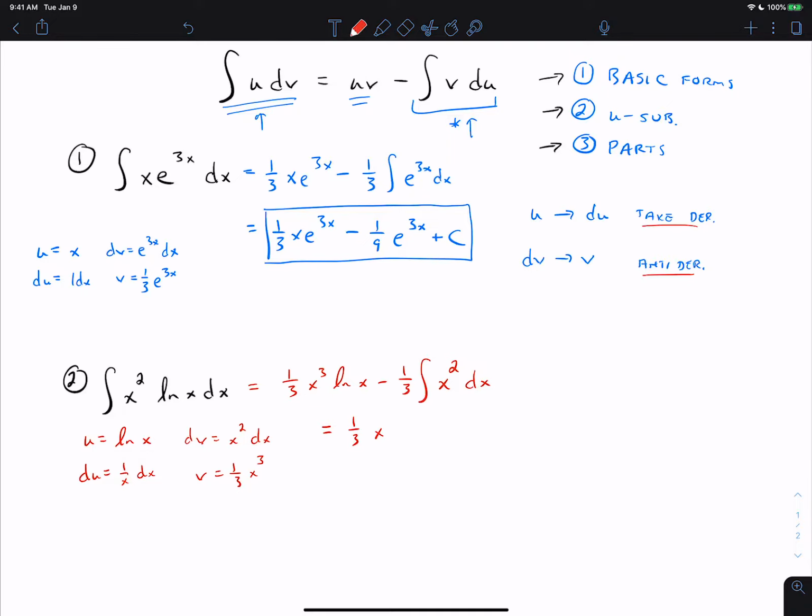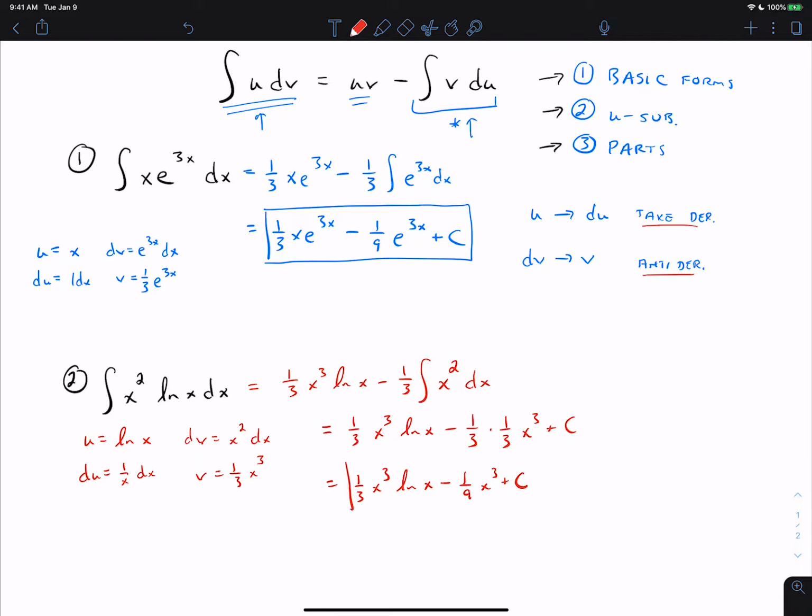So we get 1/3 x to the third natural log x minus 1/3 times 1/3 x to the third plus c. We can simplify that second half, and so we get 1/3 x to the third natural log of x, minus 1/9 x to the third plus c.